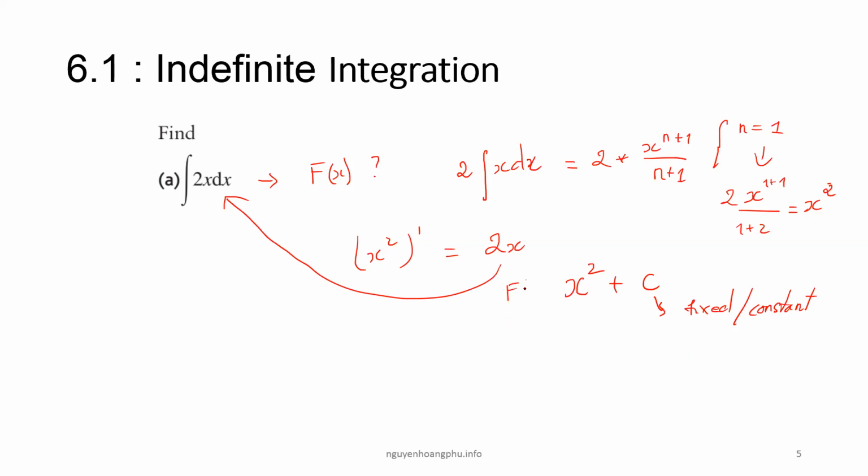Let's say for the case f(x), when I take the derivative of f(x), we will have 2x plus 0, which is equal to 2x, right?